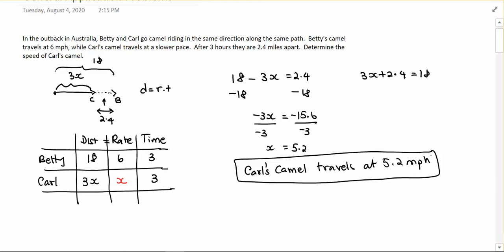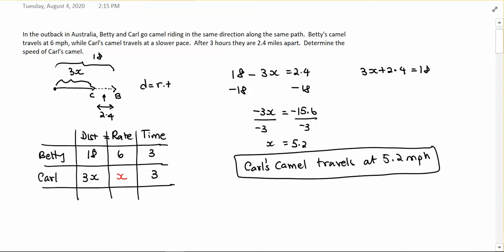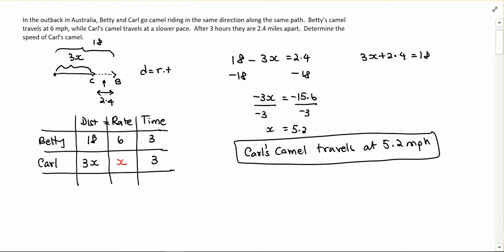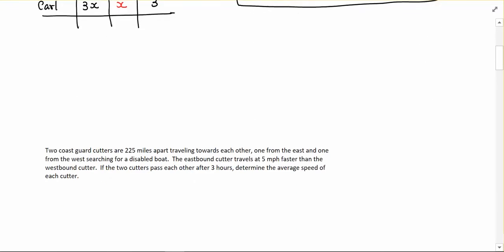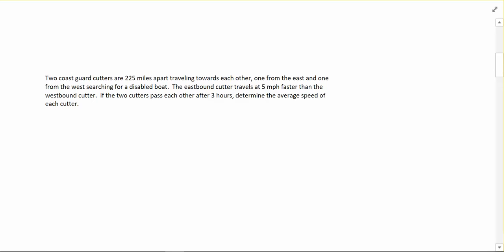By the way, there are many word problems here which I will do, but I'll break them up as we go along. So the next distance, rate, time problem is this one. It says 2 Coast Guard cutters are 225 miles apart, traveling towards each other, one from the east and one from the west. So again, let's draw a picture. This is west, this is east, and they're traveling towards each other like so, and they're searching for a disabled boat.